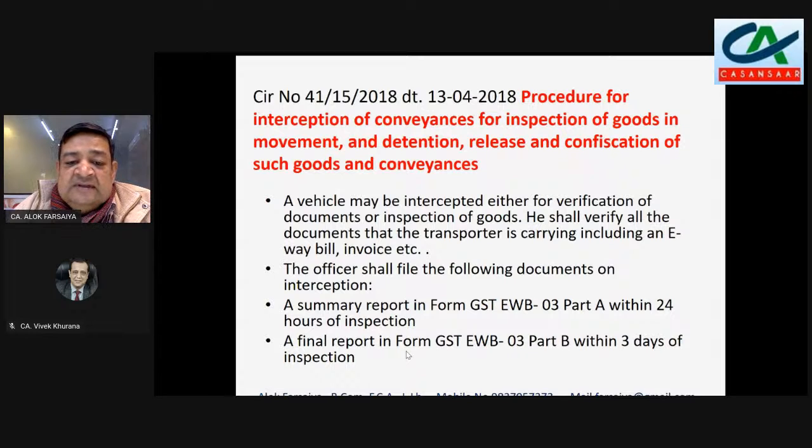In such circumstances, what solutions do we have? Number one solution is we should be cautious while issuing the e-way bill. If the e-way bill is issued wrongly, we can cancel the e-way bill and regenerate it, and there is no harm in it.